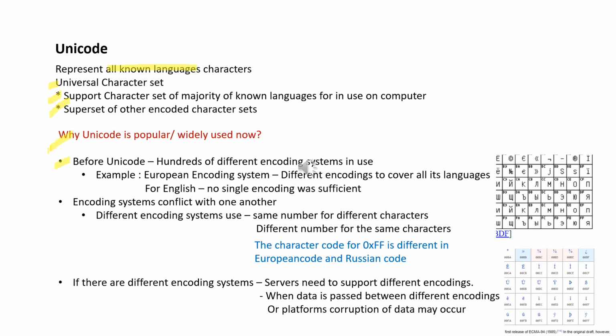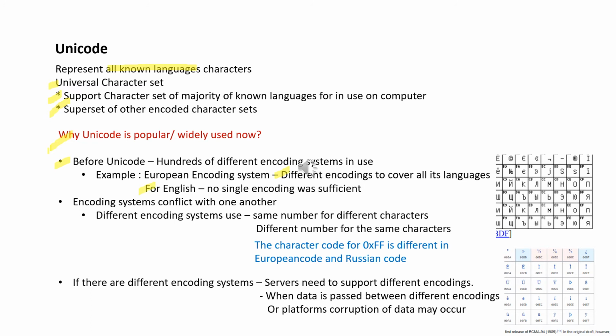I can list a few, like English, French, Spanish, German, Portuguese, etc. And to cover these different languages, different encoding systems were used. And even for the language English, no single encoding system was sufficient.